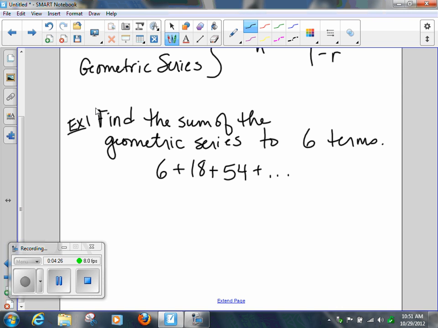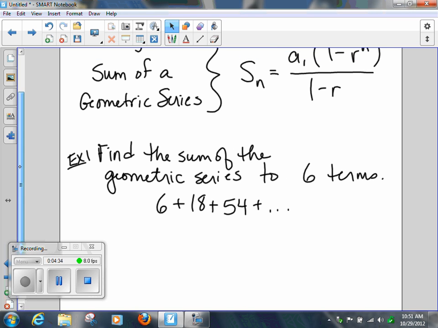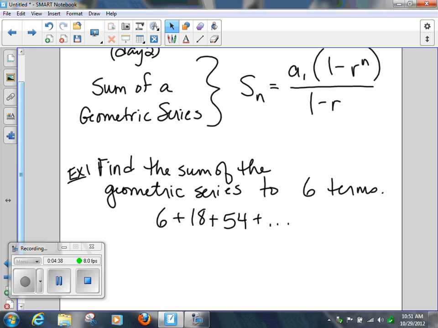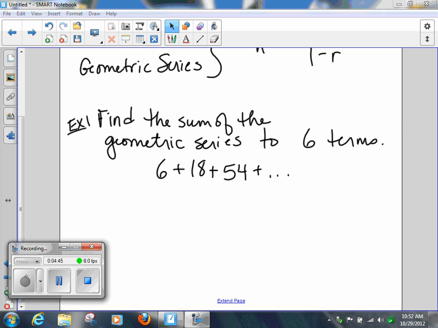Why would you put that in a formula? This is so simple, folks. If you want to use the formula on this, then use it to verify your answer.